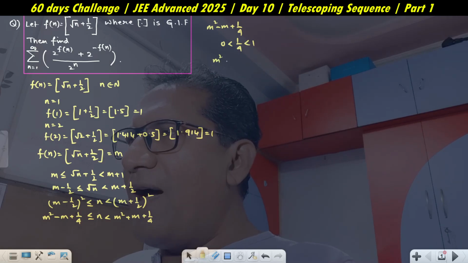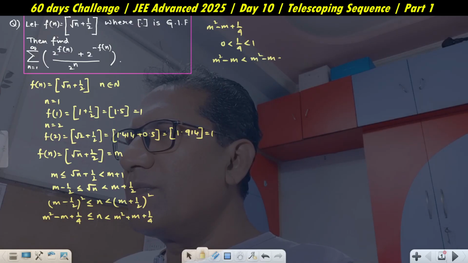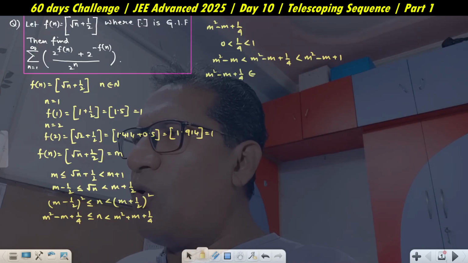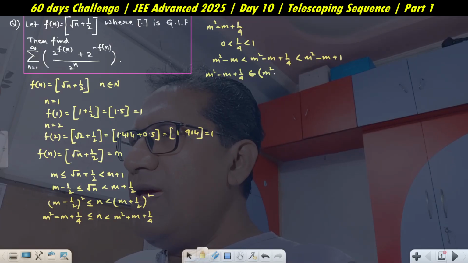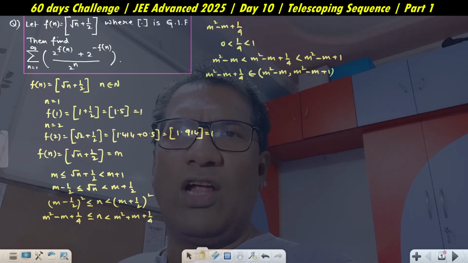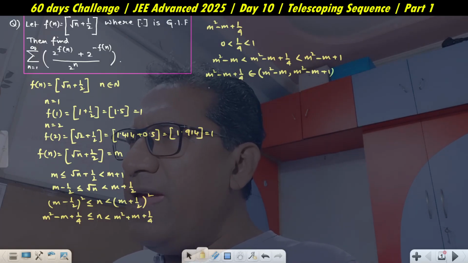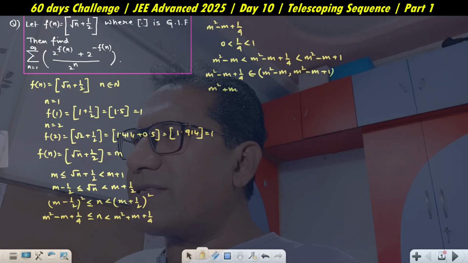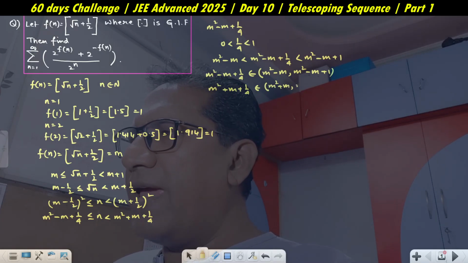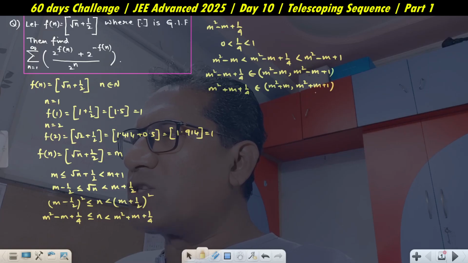So if I add m square minus m on both sides, it means that m square minus m plus 1 over 4 belongs to between m square minus m and m square minus m plus 1. Am I correct or not? Similarly, we can say that m square plus m plus 1 over 4 belongs to between m square plus m and m square plus m plus 1, right?